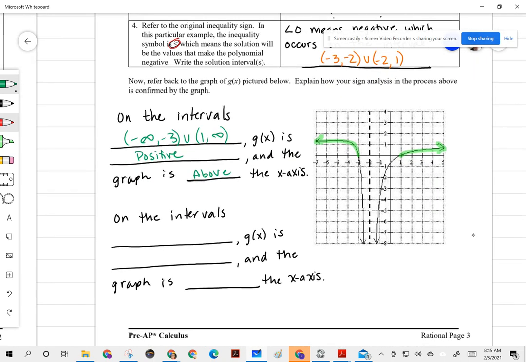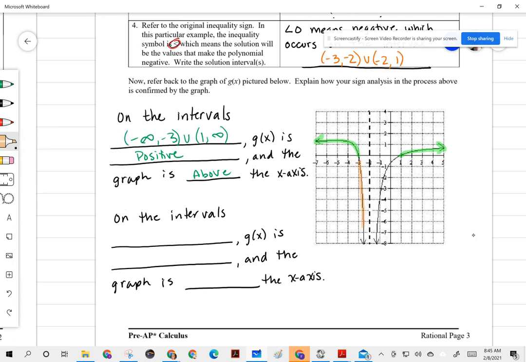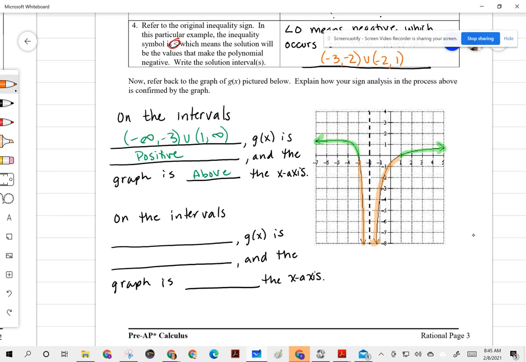And now let's take a look at the orange. And so if I'm going to answer that question, on the intervals from -1, oh no, that's not -1, that's -3, sorry. From -3 to -2, right?